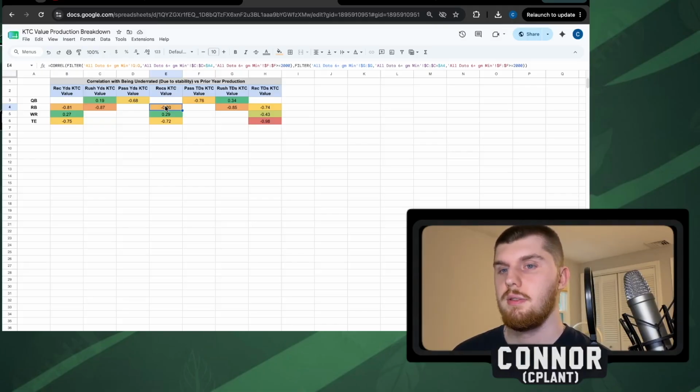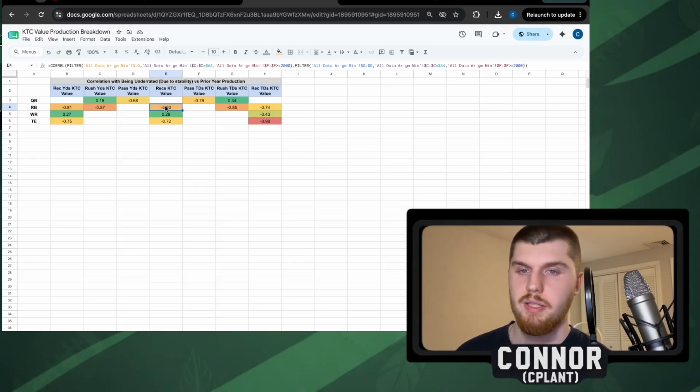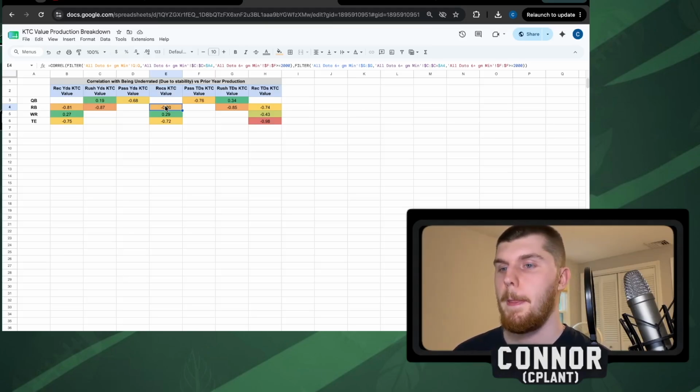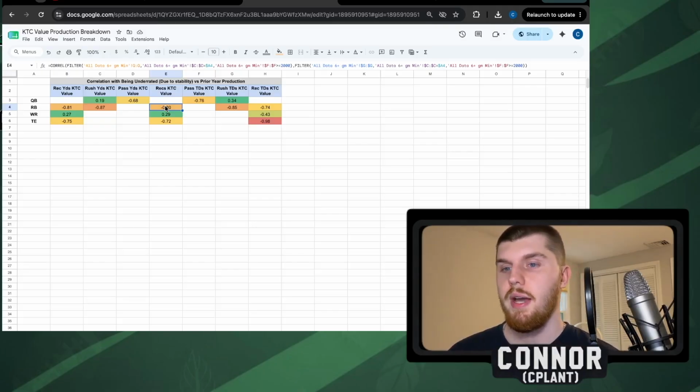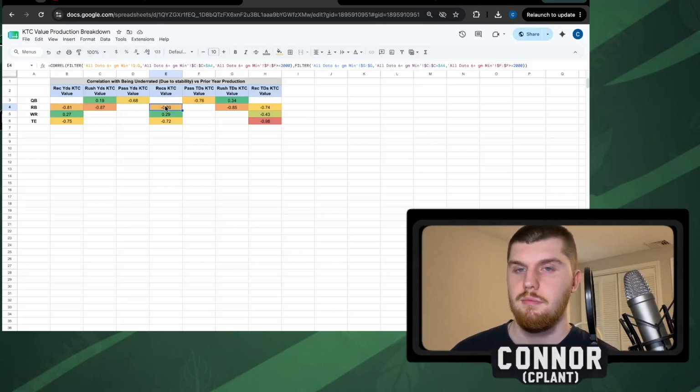There just are not many of those types of backs in the sample that get a lot of receiving for that to show up in the stability numbers. But have in mind that a lot of these top players are just built different, and there's not enough historical data to really quantify their stability. But you can use your common sense and know that Jahmyr Gibbs is going to catch a lot of passes, right?